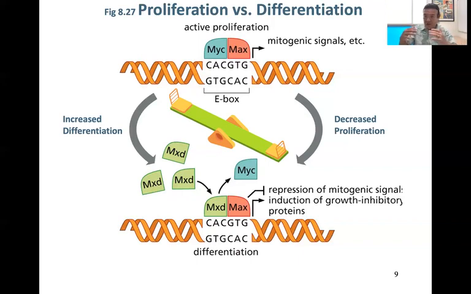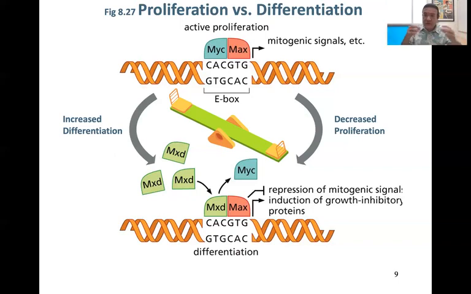So that the nerve cell knows I'm supposed to make proteins that help me be a nerve cell, rather than, oh, I should just be rushing through the cell cycle, right? So that's why differentiation and proliferation are like a seesaw, right? The cell is either doing one or focused on the other.